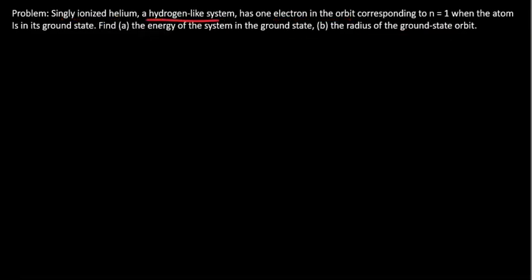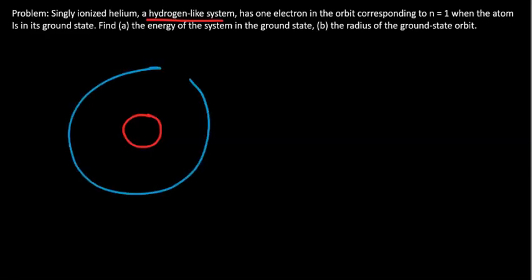When we say a hydrogen-like system, we're referring to the following system. We have nucleus in the middle and one electron orbiting that nucleus at some orbit. If the number of proton in that nucleus is 1, then we are dealing with a hydrogen atom.